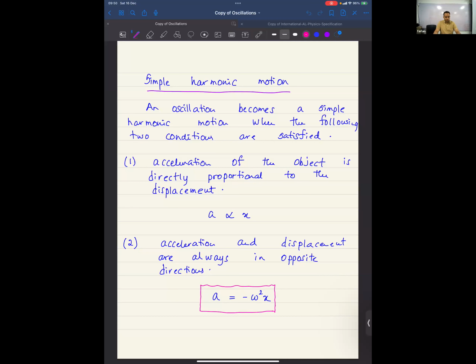Number one, the acceleration of the object is directly proportional to the displacement.